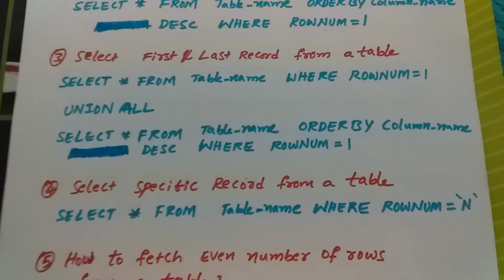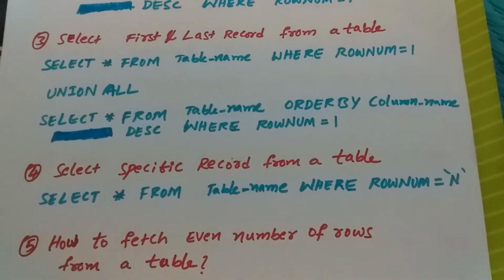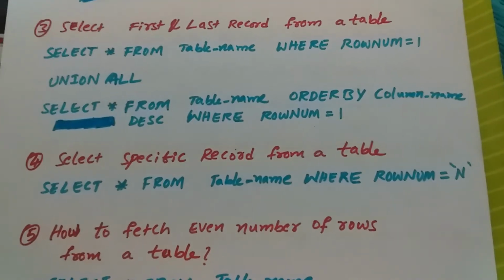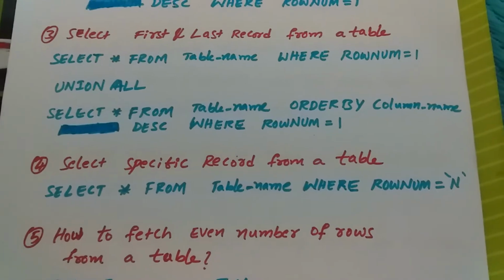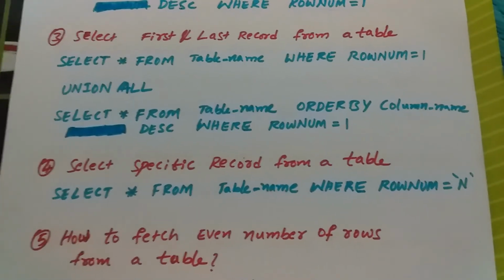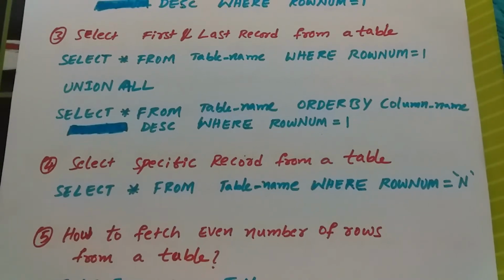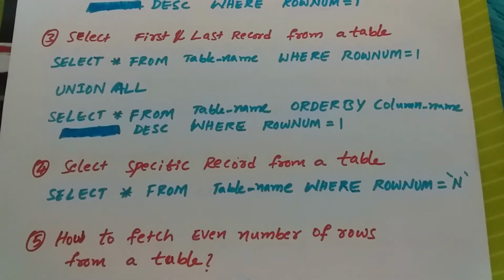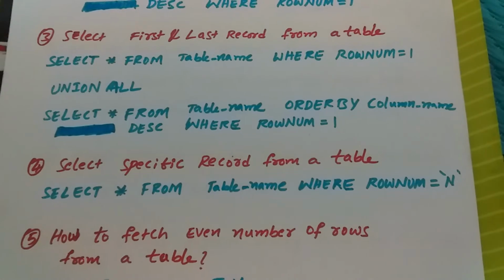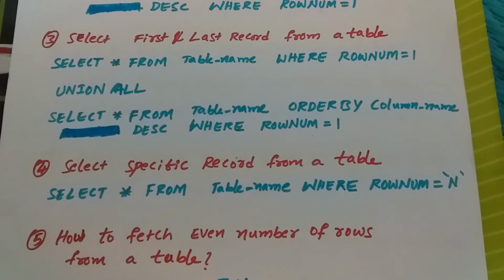Next, the fourth query: select a specific record from a table. For this the query will be: select star from table_name where rownum equal to n. Here again I use the keyword rownum, and I can specify any number in place of n.